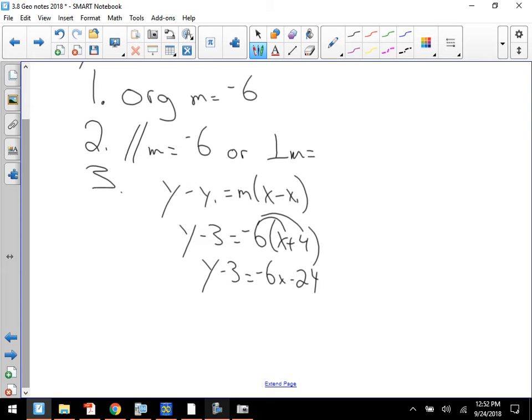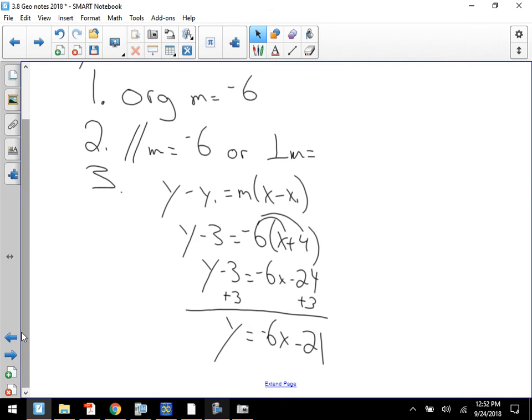And then lastly, add the 3. It's very, very sequential. Do this, do this, do this. Okay? It's nice and orderly.